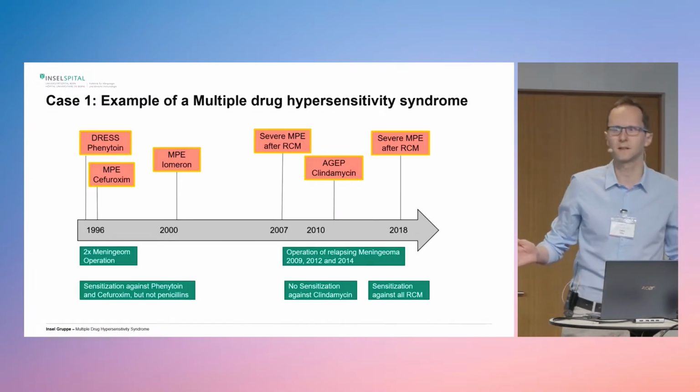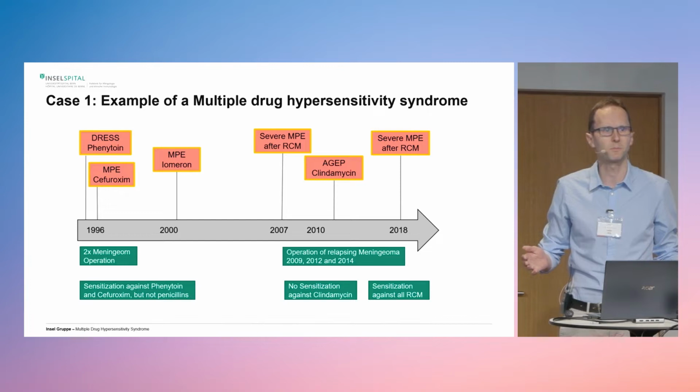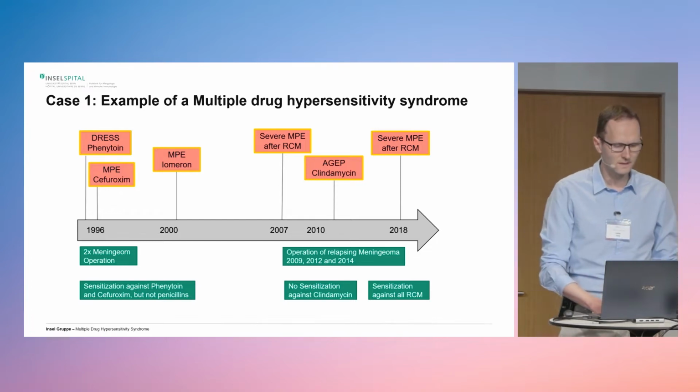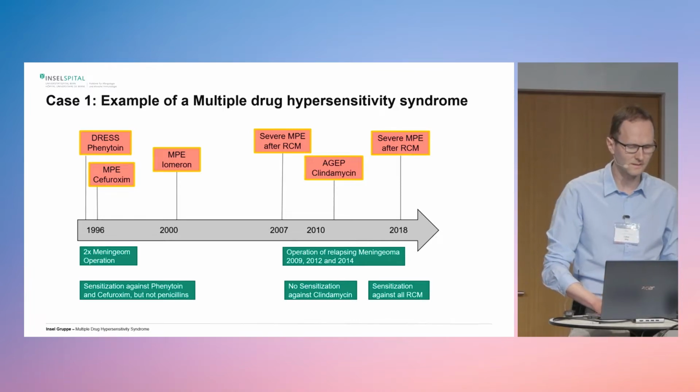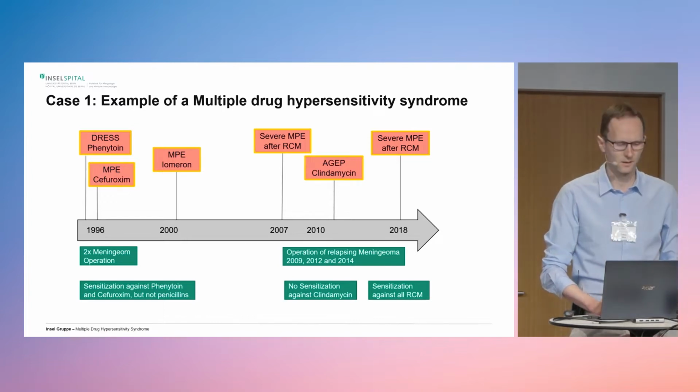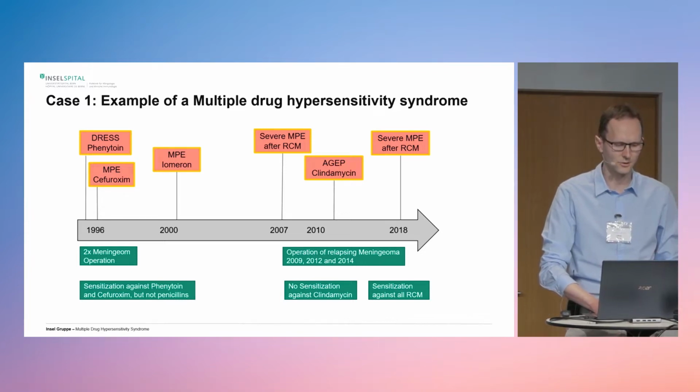Now I show you a typical case of multiple drug hypersensitivity. You see it's a long career of this patient. He has regular visits in our department, and it all started with one event with DRESS to phenytoin. He had a meningioma, he had epileptic reactions, and he was treated with phenytoin, and he had a DRESS.